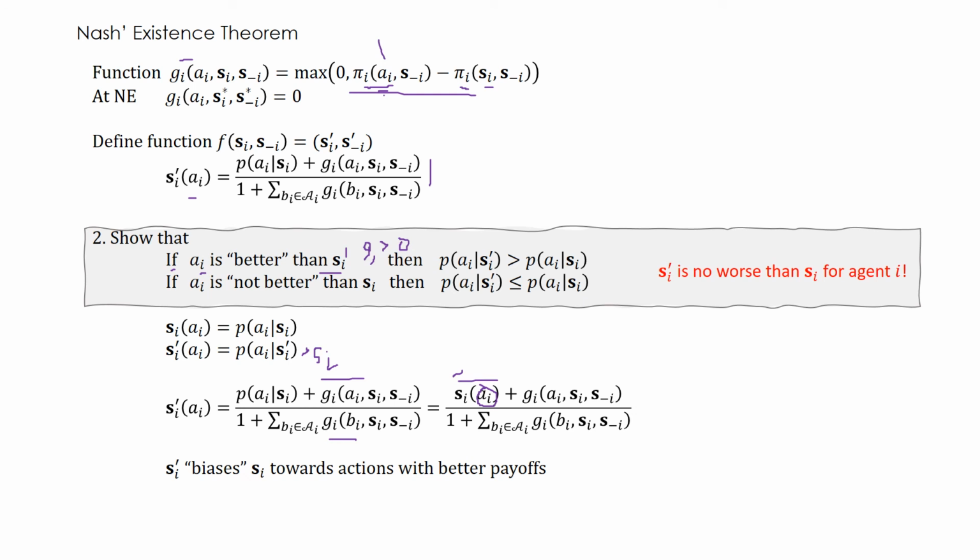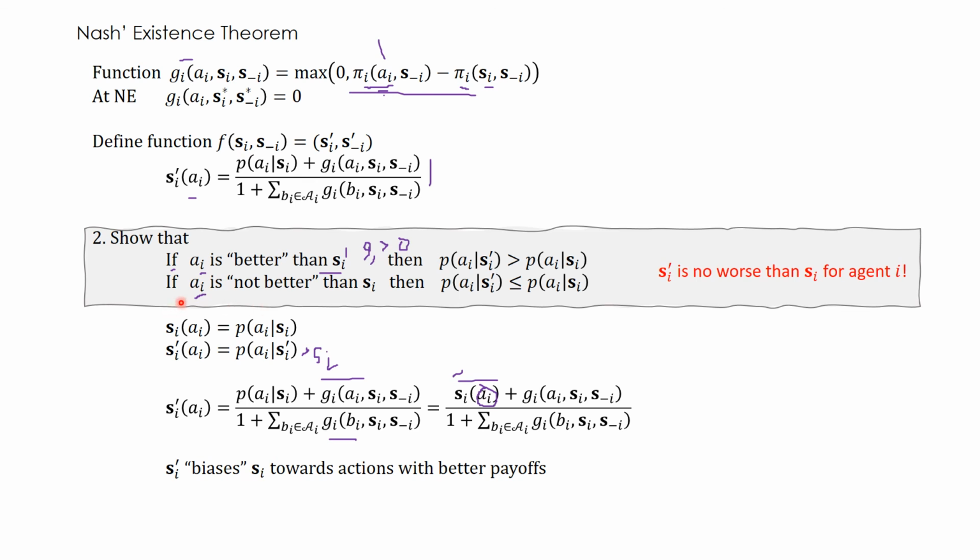On the other hand, when AI is not better than Si, the payoff with agent I playing AI is not any better than when it's playing Si. In that case, what happens? This difference would be negative or 0, so that GI would be 0. In other words, there would be no increment in S prime I of AI. The probability, because of the normalization, might decrease, but it cannot increase.